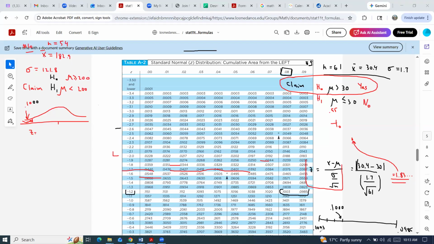So the closer was 1,000. The closest wins. So we take row 1.2 and column 0.8. So that'd be negative 1.2.